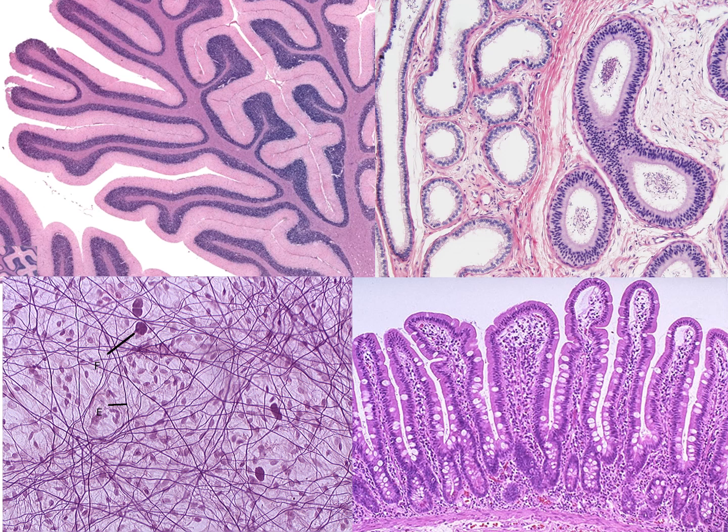In the upper right, we've got a section through the testes. And these cells that you see here in the middle of these tubes are actually developing sperm cells. On the bottom left, we've got something called areolar tissue. We've got these strands here that are actually strands of collagen.